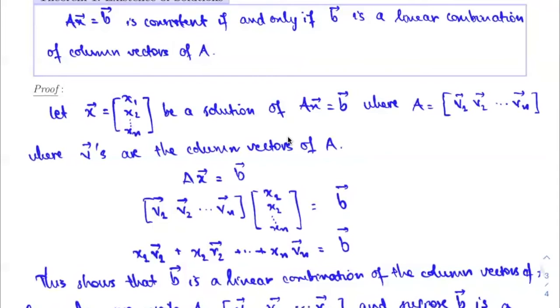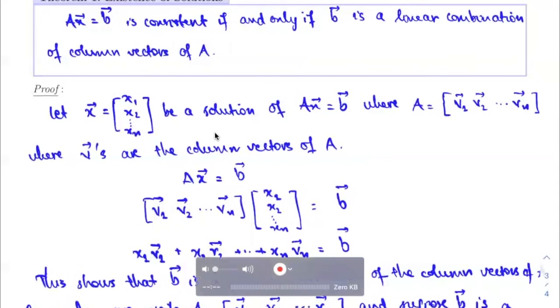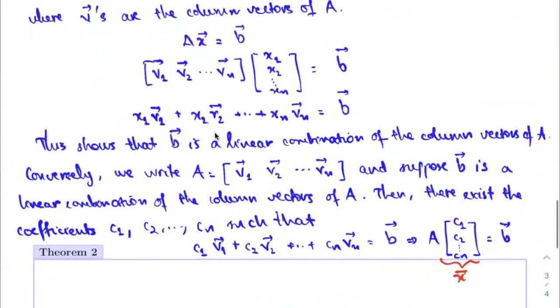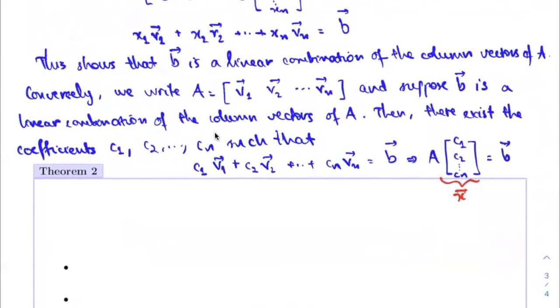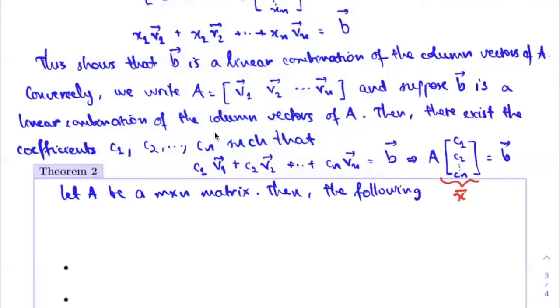Okay, which led us to the next theorem, where we have multiple statements and they are either all true or all false. Okay, so let A be an m by n matrix, then the following statements are logically equivalent.